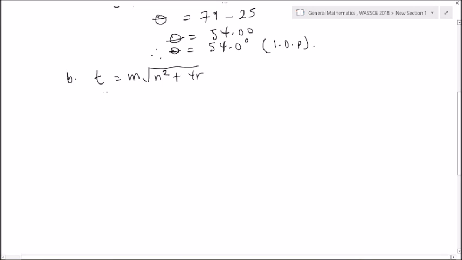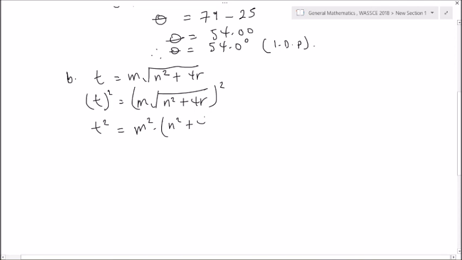So what we do is we take the square of both sides. You have t squared is equal to m times root of n squared plus 4r, all squared. Now this will give us t squared is equal to, take note the square affects the m here, and the square also affects the root sign. So this will give us m squared, and the square cancels the root sign, times bracket n squared plus 4r.